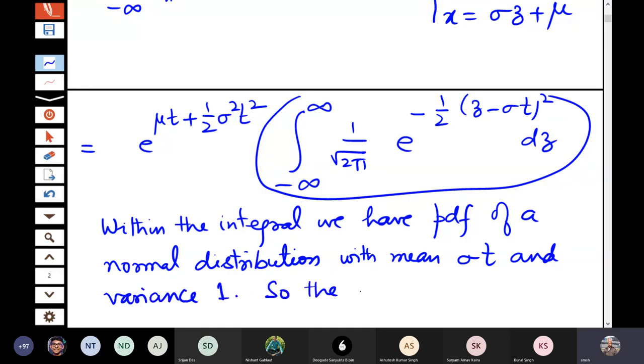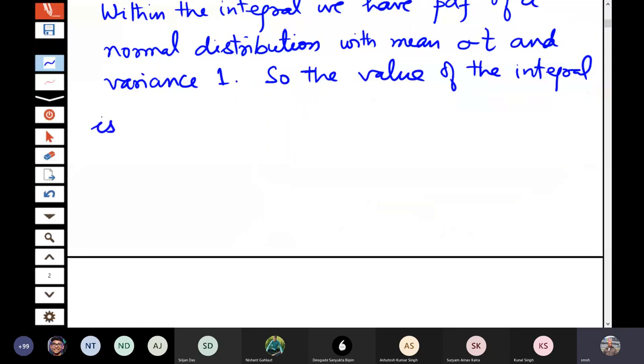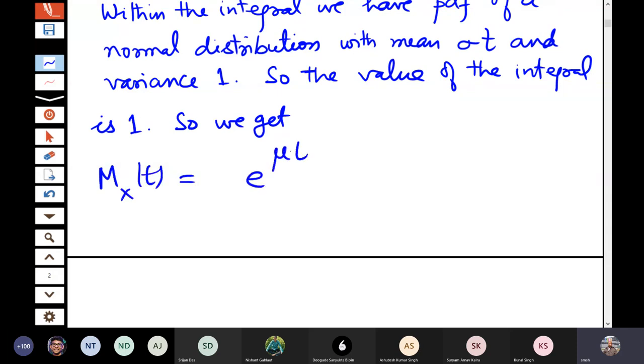So the value of the integral is 1. So we get the moment generating function as e to the power mu t plus half sigma square t square. So is this derivation clear?